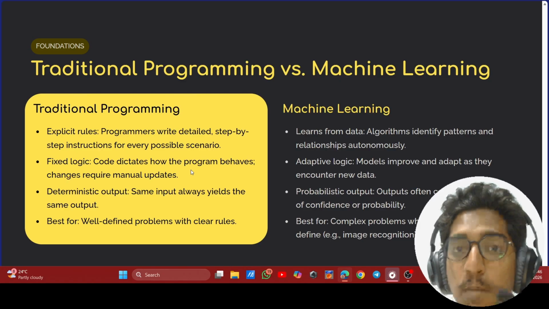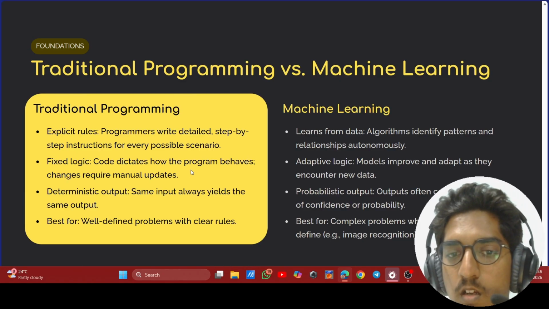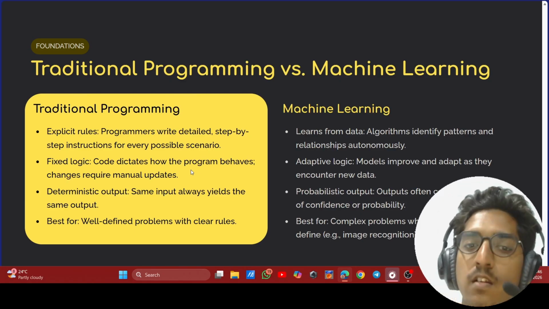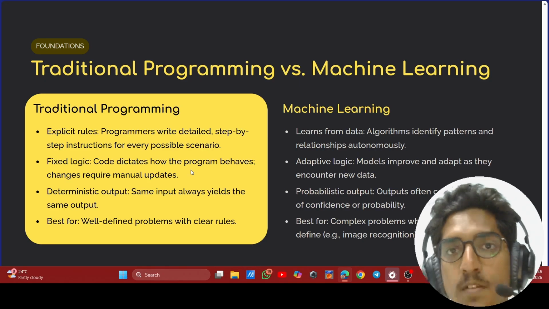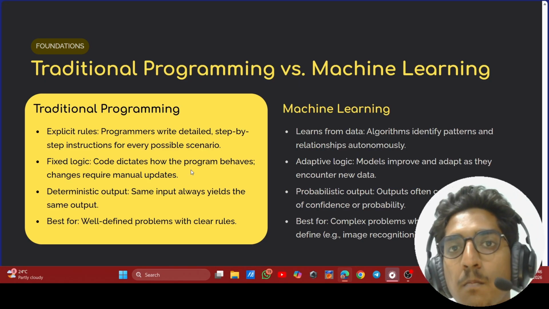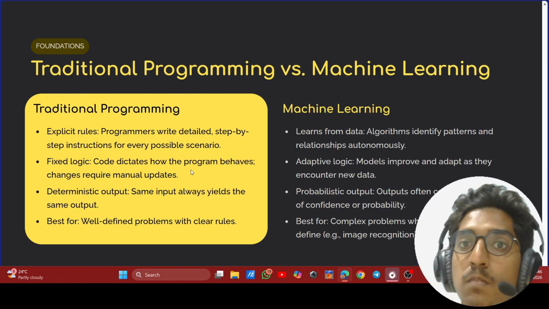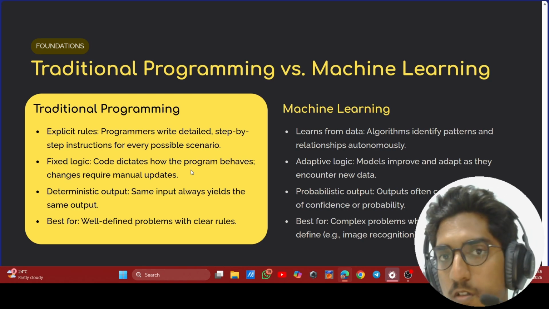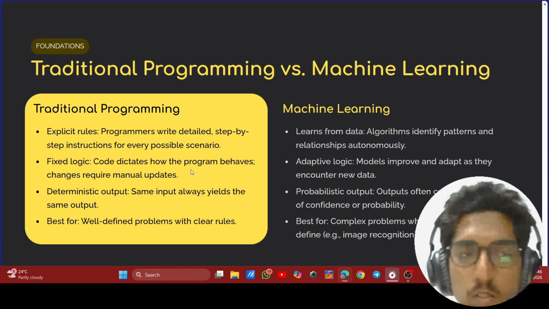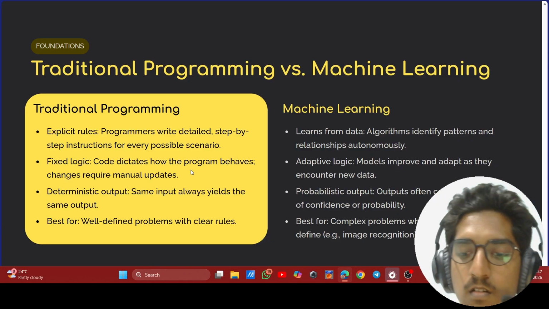But the logic in machine learning is, if complex problems are given, the rules are hard to define. This problem is solved by machine learning, as I told you, because it learns from past experience and does pattern recognition to identify the output for new data. So this was the difference between traditional programming and machine learning.